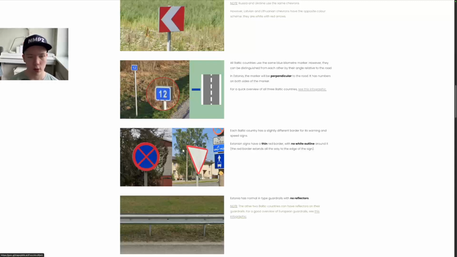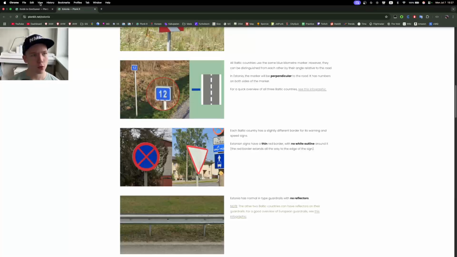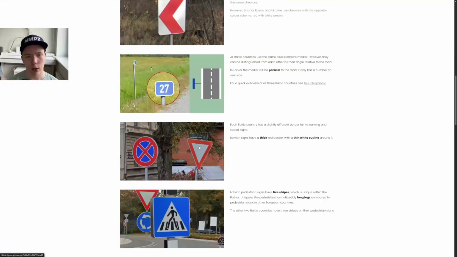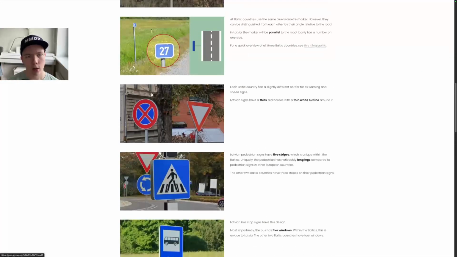There are other signs, of course, which don't look like this at all, but yeah, if there are signs that have kind of a red border at all, it's gonna be quite thin in Estonia, or like this, well, still quite thin, I would say, and it extends all the way to the edge of the sign with no little white outline. Because if you take the signs in Latvia, let me just really quickly find it already.